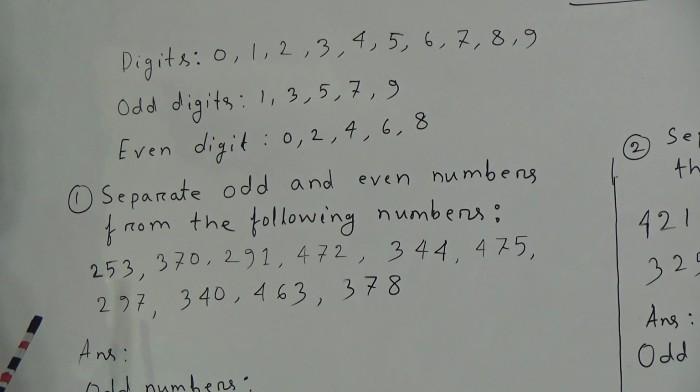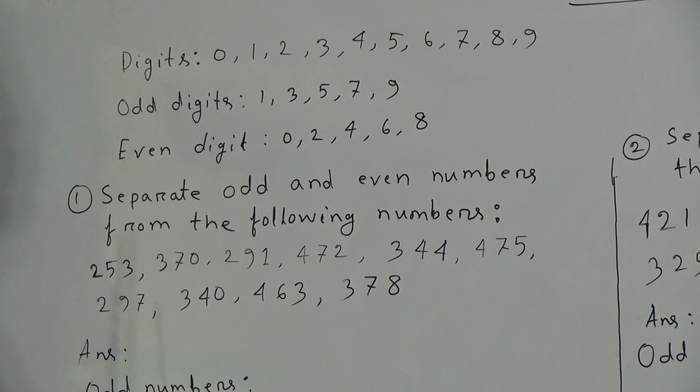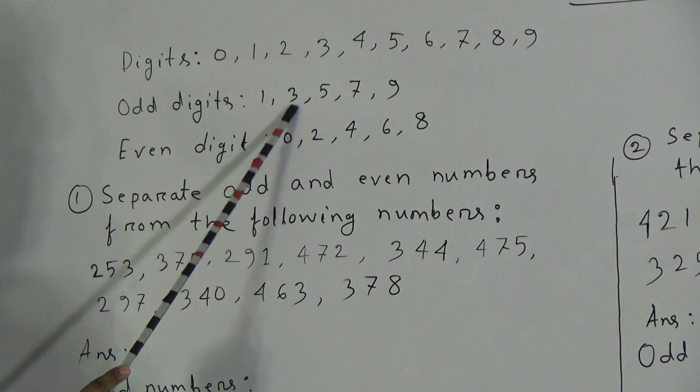Now, any 2 digits, 3 digits or 4 digits number which ones place digit is odd digit, then that number will be odd number. And if ones place digit is even digit, then that number will be even number. Suppose 463, it's a 3 digits number and its ones place digit is 3, and 3 is odd digit.